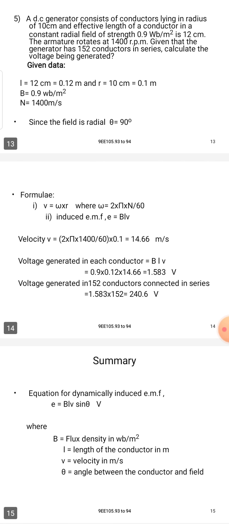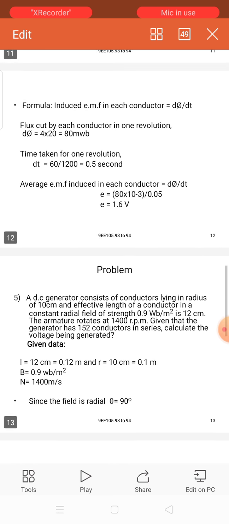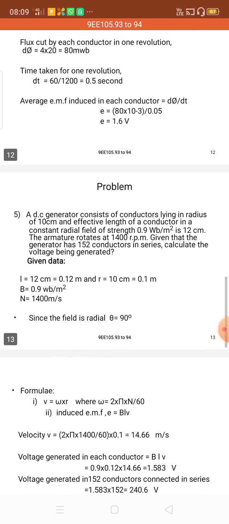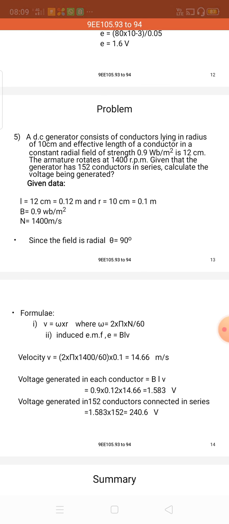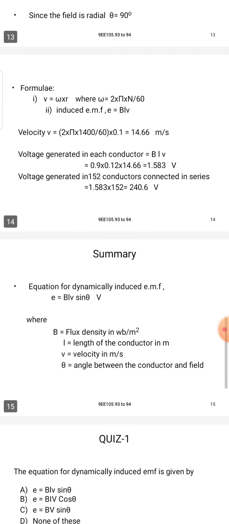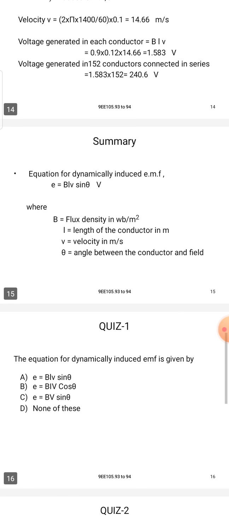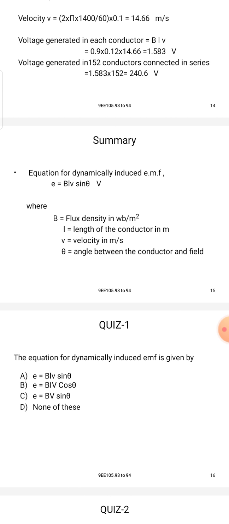So it is a simple problem, and with practice you can easily solve this type of problem on dynamically induced EMF. A very important formula to remember is the equation of the dynamically induced EMF, that is E is equal to BLV sin theta.